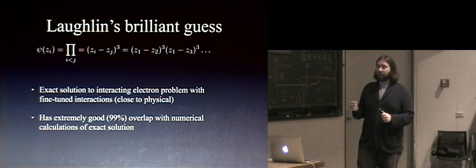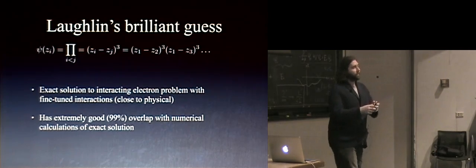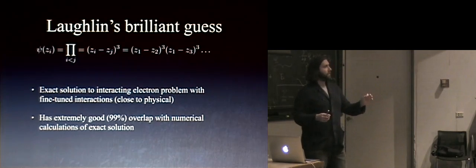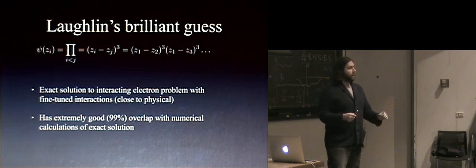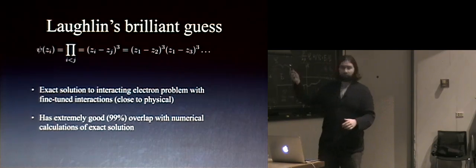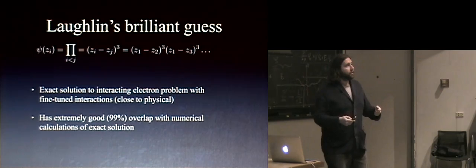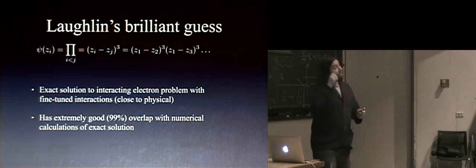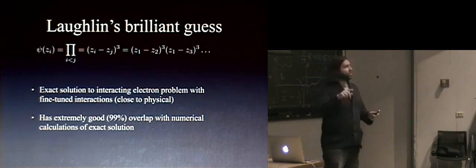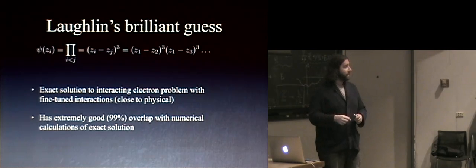The tricky part is that, remember, the fundamental length scale of this problem is this thing called the magnetic length. I don't think I have the formula in these slides here. The magnetic length goes as 25 nanometers divided by the square root of the magnetic field in Tesla.